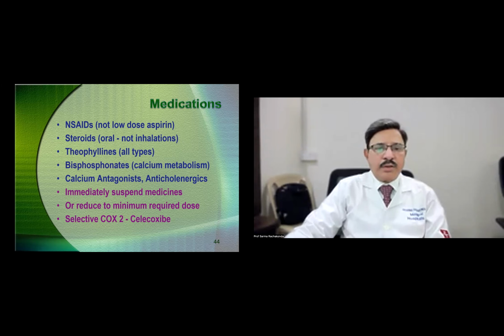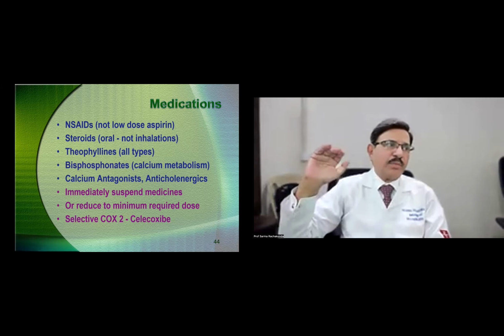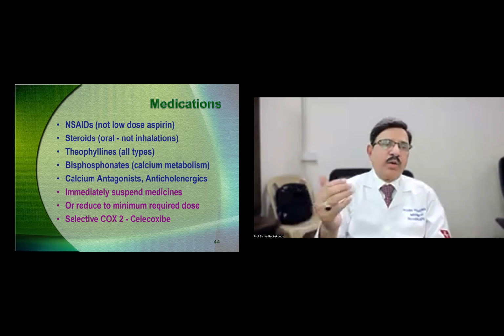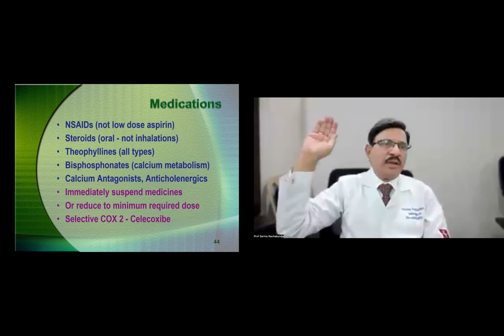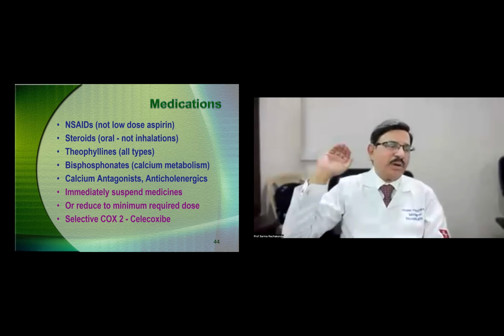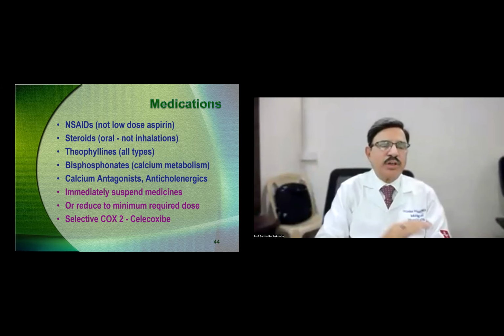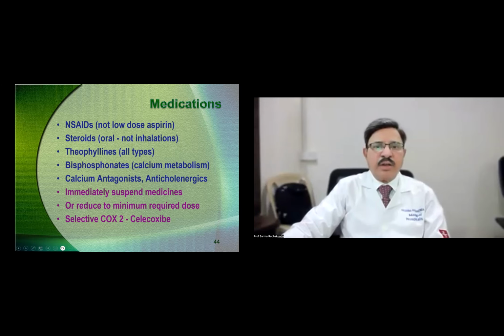Here, in the stomach, prostaglandin suppression leads to an increase in ulcer formation. Now what do I do? I use a selective inhibitor which does not attack the COX-1 in the GI tract, and only the joint COX-2 is selectively inhibited. So the ulcer promotion, ulcer intensification is not there with these drugs.